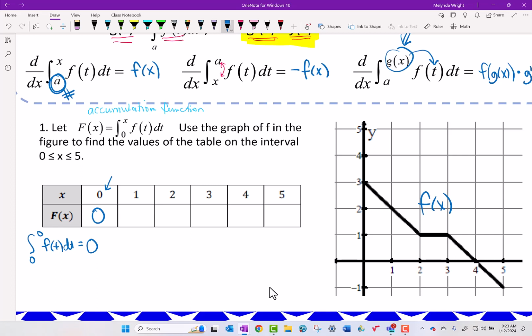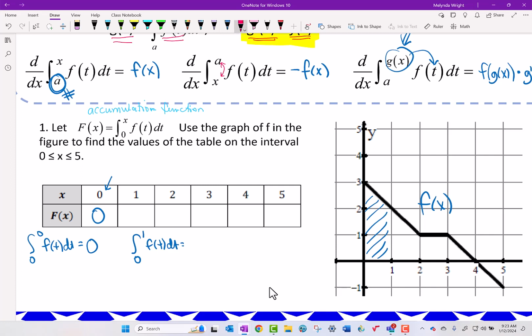Okay. Let's do the next one. So now I'm going to do the integral from 0 to 1 of f of t dt. So what am I doing? I'm going from 0 to 1. I'm actually going to accumulate this area right here. I'm going to add all that up.